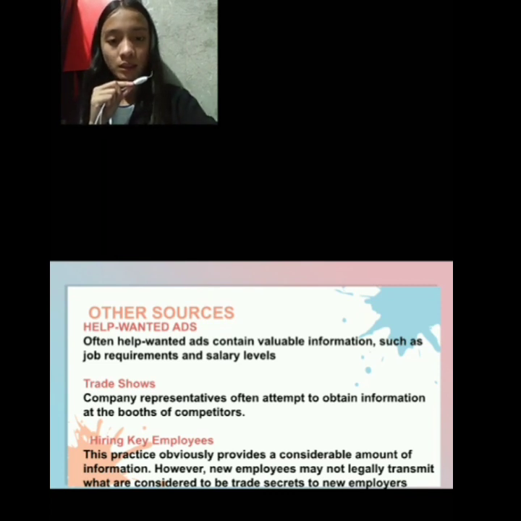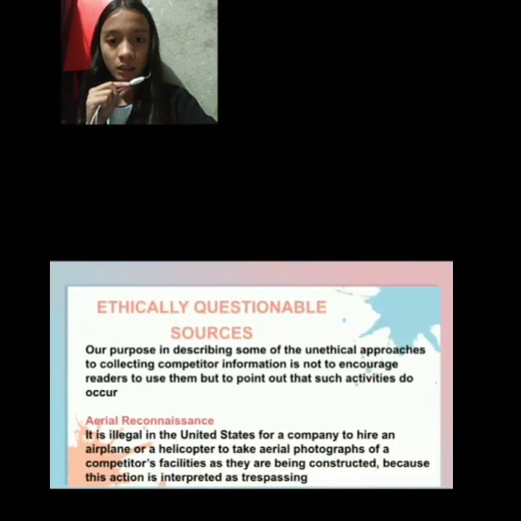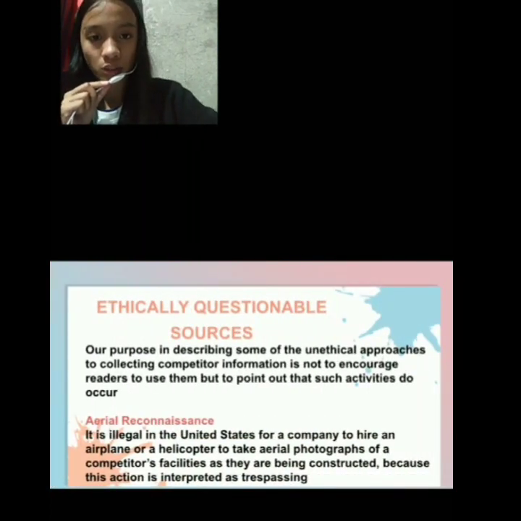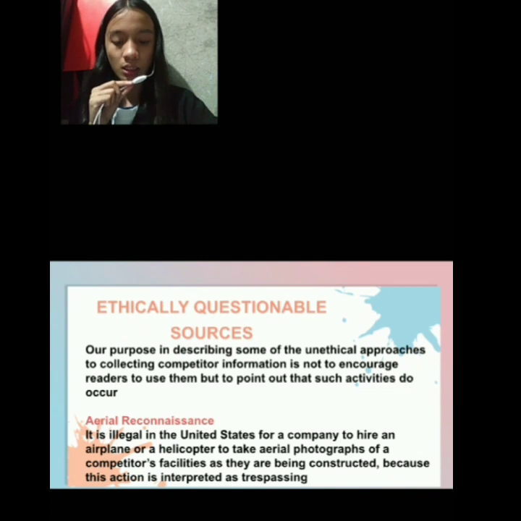So, the next slide, ethically questionable sources. So, what are ethically questionable sources? Our purpose in describing some of the unethical approaches to collecting competitors' information is not to encourage readers to use them but to point out the activity that occurs.